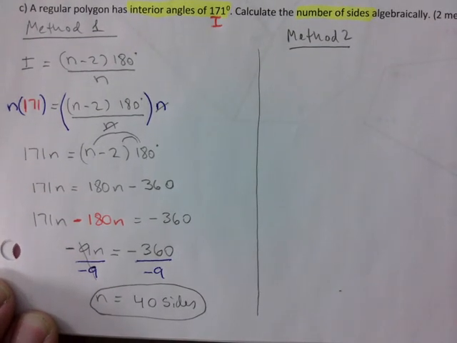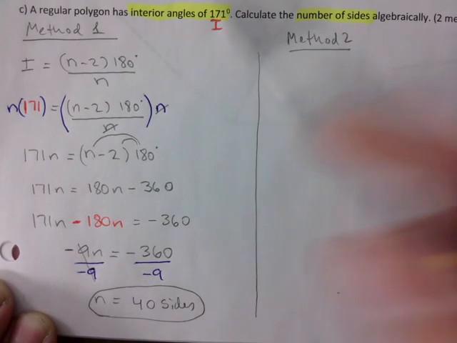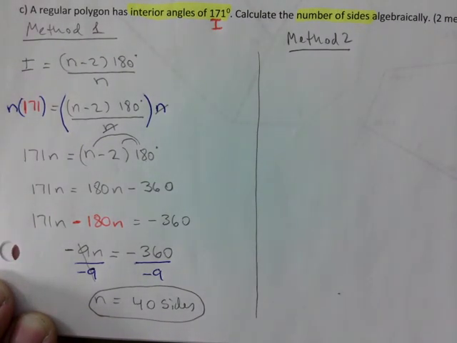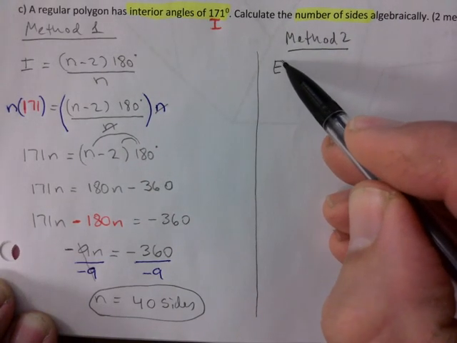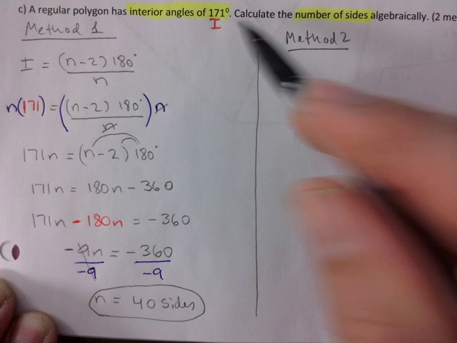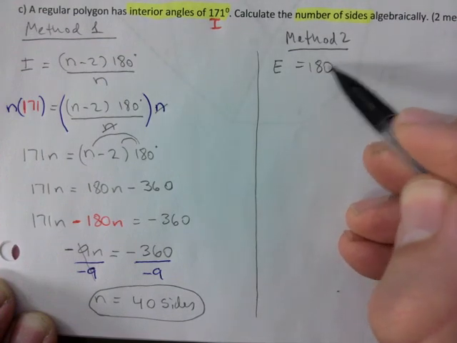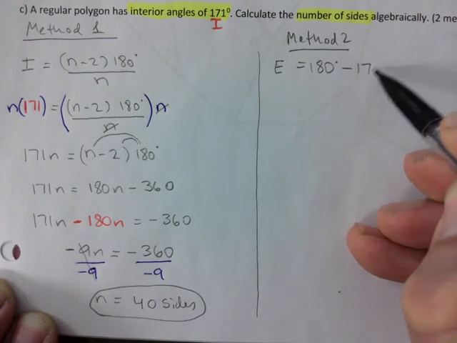What do we know about the interior and the exterior angles? They are supplementary, right? Remember that I told you that earlier? So I'm going to say, hey, that means that the exterior angle for this polygon would be 180 minus 171, wouldn't it?